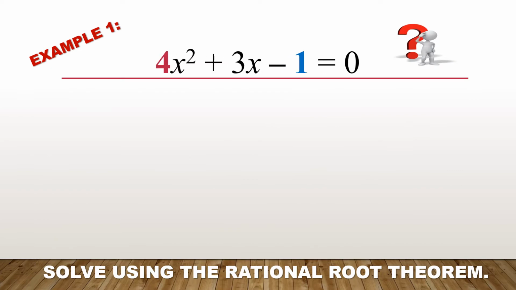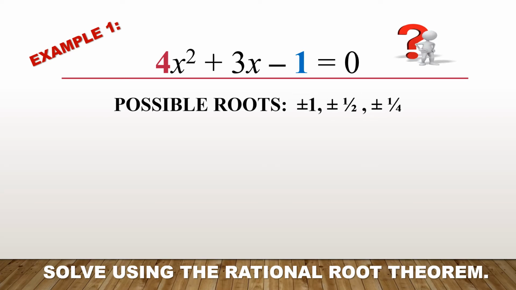4x squared plus 3x minus 1 is equal to 0. In the previous slide, we've already determined the possible roots, and the possible roots are positive negative 1, positive negative 1/2, and positive negative 1/4. This time, let's find out which among these roots are the solutions or the real roots of the given polynomial.